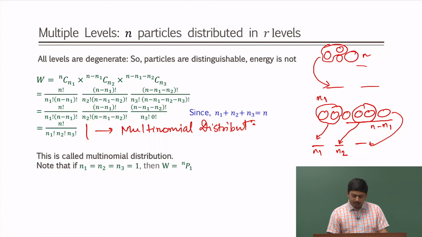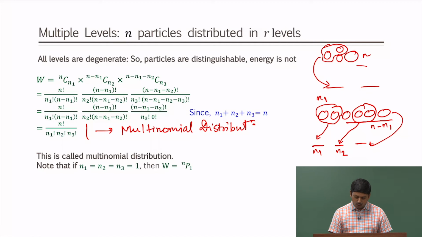Now, interestingly, you notice that if all my n1, n2, n3 were all 1, then I will choose just one by one for the labels, and I will arrive at something called NP1, or n factorial only.